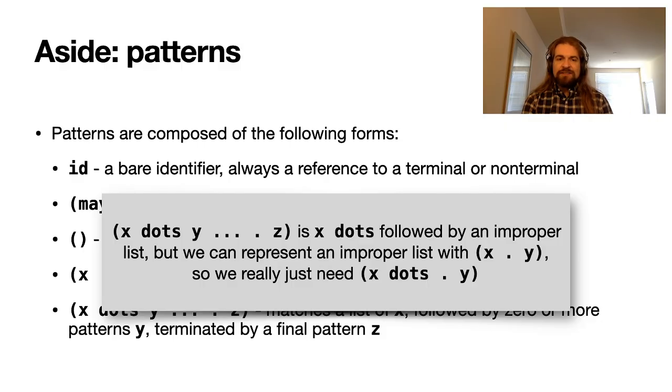So we can simplify this to just be a list of 0 or more of the pattern X followed by some Y. Maybe that Y is null. Maybe that Y is 1 or 2 additional patterns that are represented in a list ending in null. Maybe they're an improper list. We can support all of those forms with just this syntax.